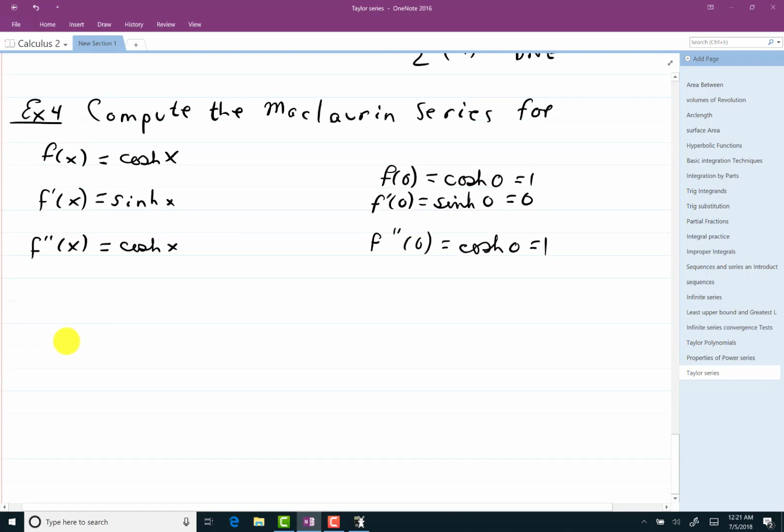So my series will look like then, my 0th term, so cosh of x should equal 1 plus, and then f prime of 0 is 0, so you'll have 0 times x to the 1 power, 1 times x squared over 2 factorial, then 0 times x cubed over 3 factorial, and you can see the pattern developing there.